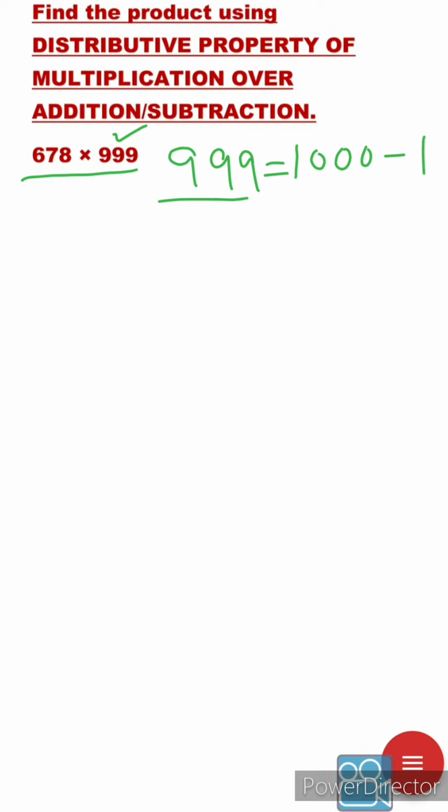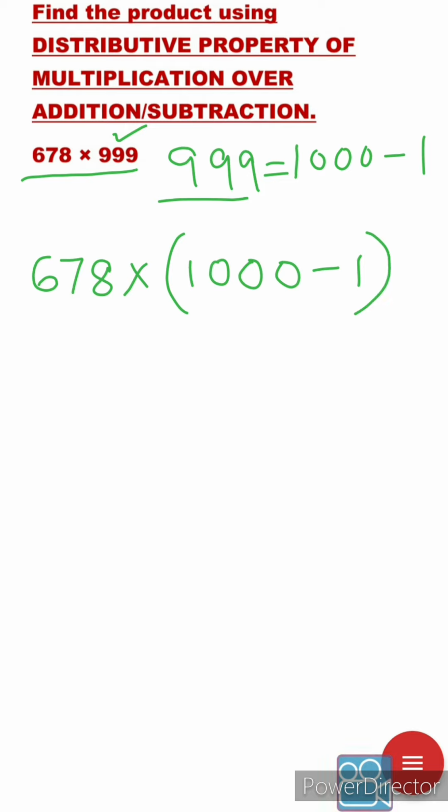So what we will do? We will just rewrite this same question as 678 multiplied by, we will put a bracket. In place of 999, we will write 1000 minus 1. Okay. Now how to solve it? Now you see here.